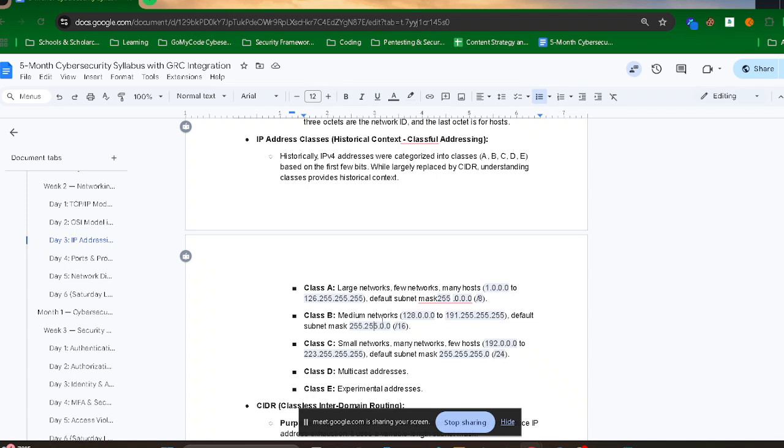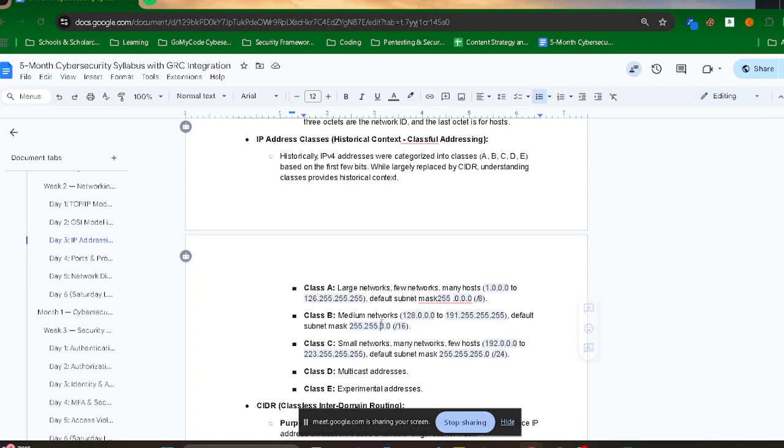So it ranges from 128.0.0.0 to 191.255.255.255. The default subnet mask is this. How many hosts can this one contain? That's 255 times 254.